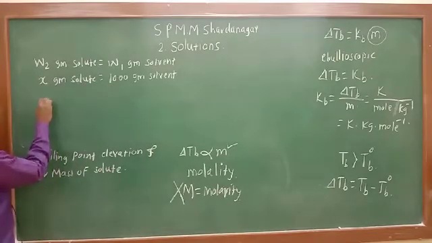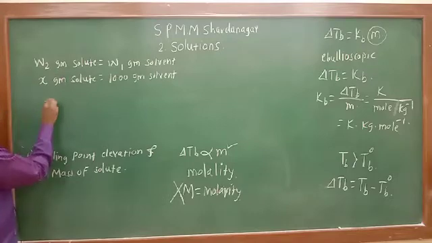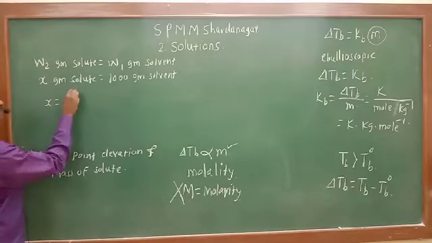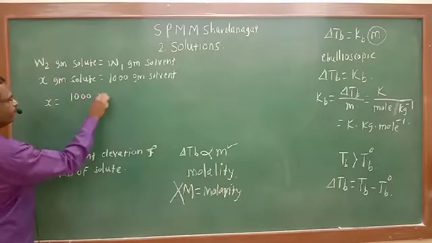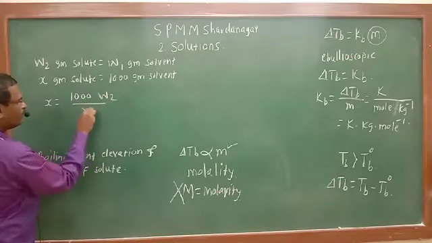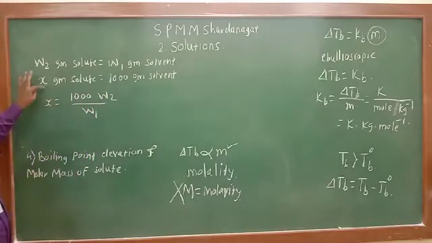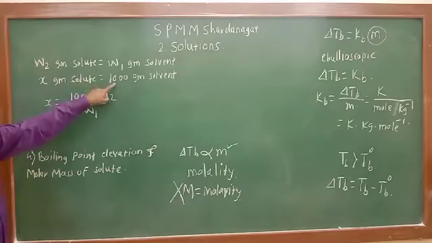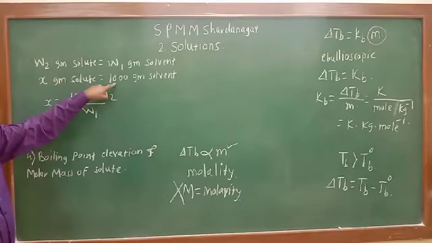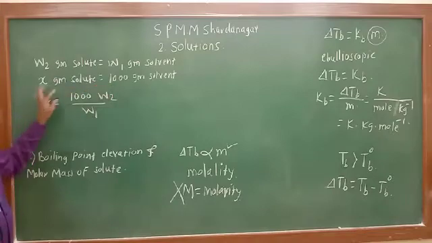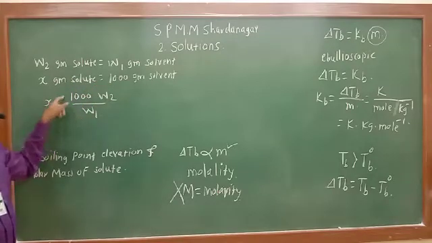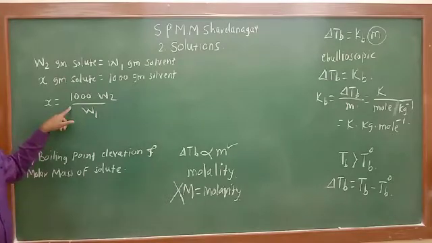So from this, doing cross multiplication, x will be equal to 1000 W2 divided by W1. So x is nothing but the mass of solute in 1000 gram solvent.